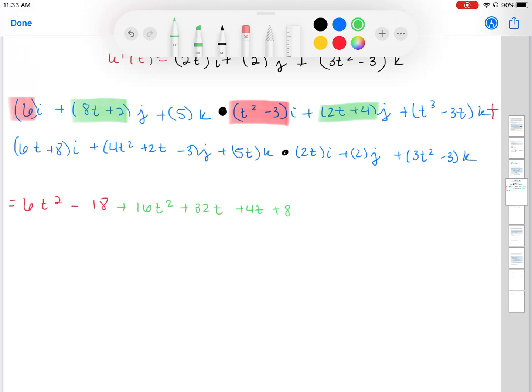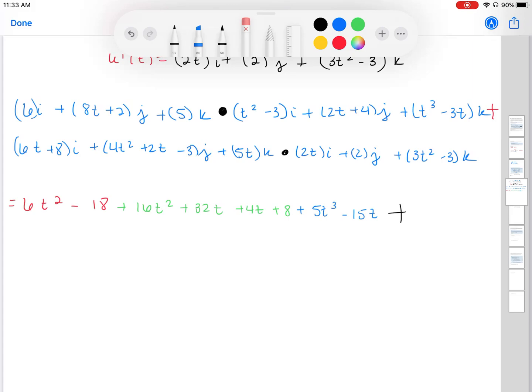Okay, next we have our k's. So I have 5k times t cubed minus 3t. So that we have 5t cubed minus 15t. Plus, so we're going to add that up with our next dot product.